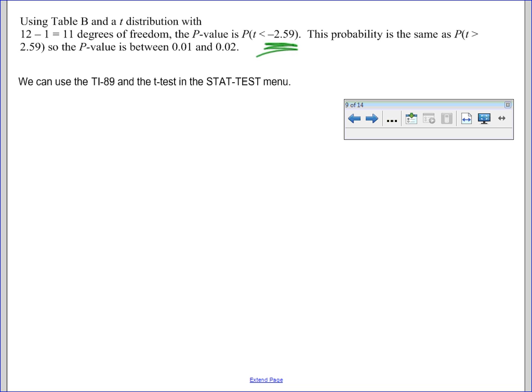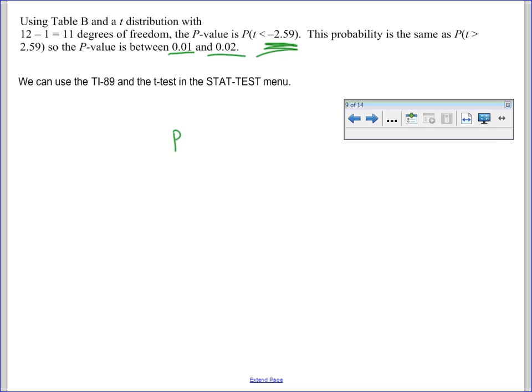And so you would go to table B and you'd look up 11 degrees of freedom and you would find where your value was on the table. And it's a little tricky, and we'll go over this in a second, but you would see it's between 0.01 and 0.02. So we know our p-value is in there.